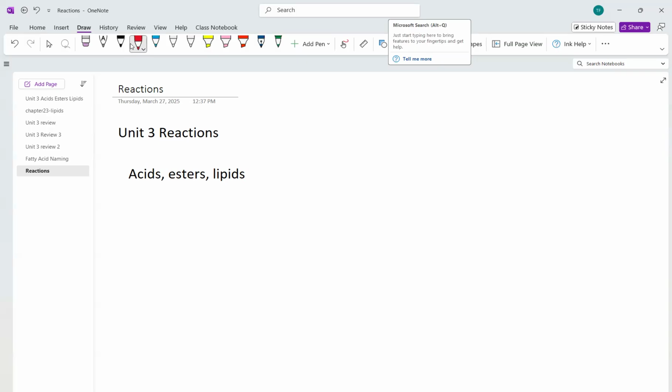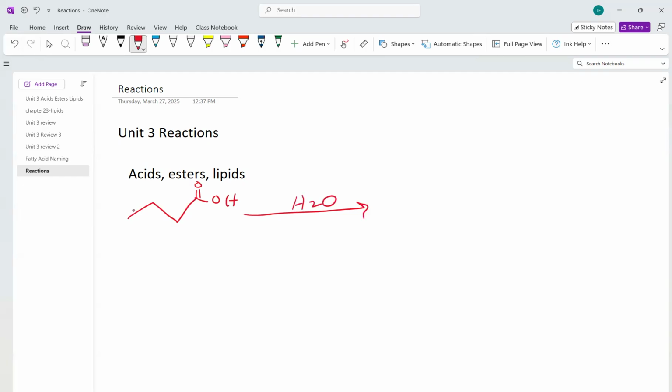Okay, I'll start with, let's take, what happens to an acid in water. Okay, this is a 1, 2, 3, 4. So this is a butanoic acid.